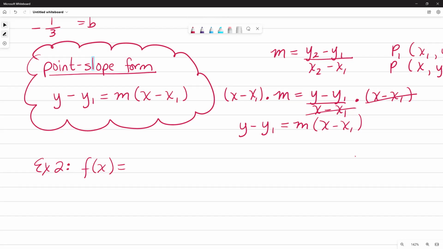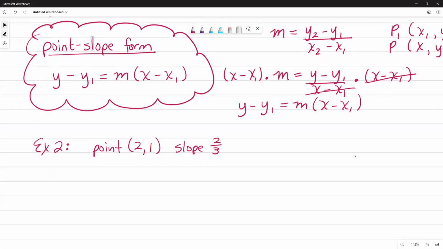Oh, that's right, they want it in standard form. They don't care that it's in slope intercept form. So a line passes through the point (2, 1), where x is 2 and y is 1, and it has a slope of 2/3.